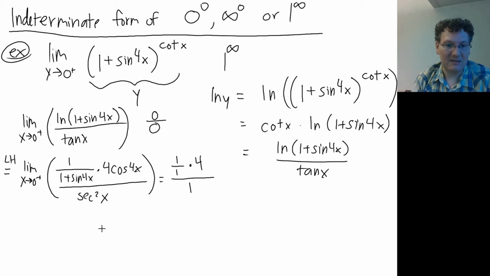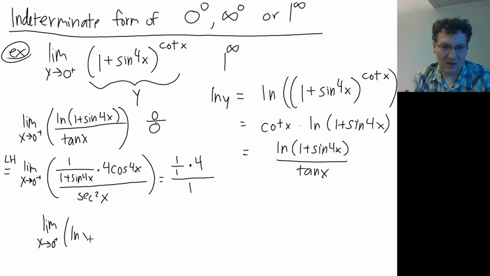So what we're saying is the limit as x approaches 0 from the right of the natural log of y is 4. And so we're going to raise e to these powers to reverse this.